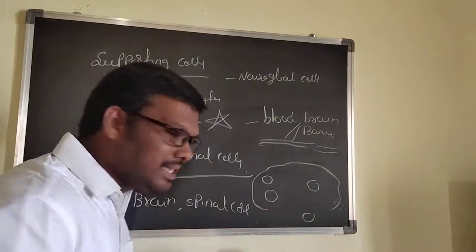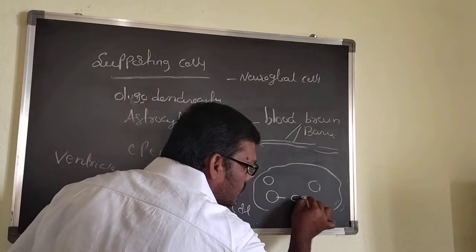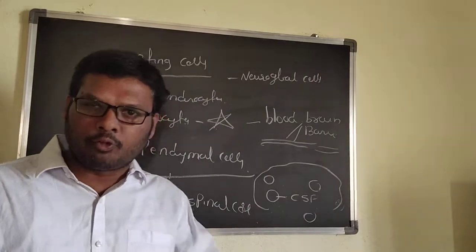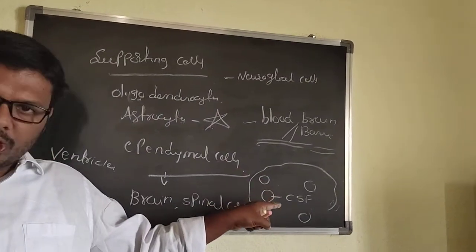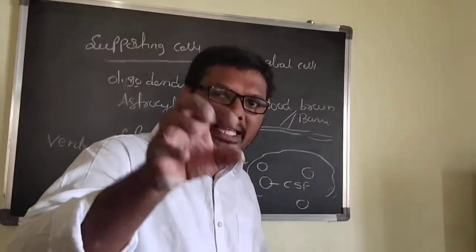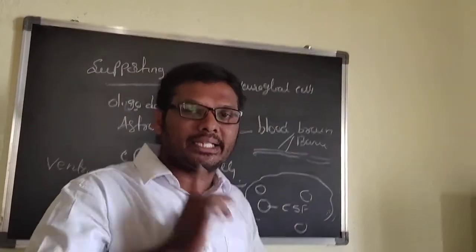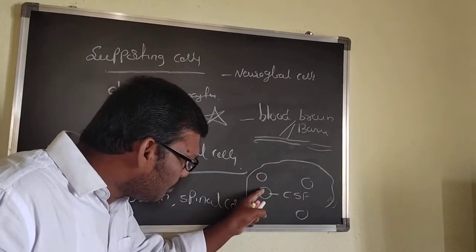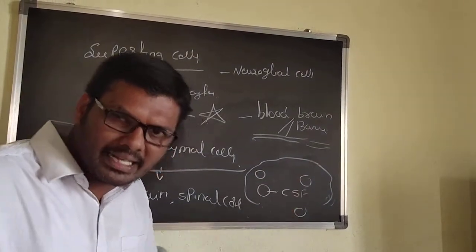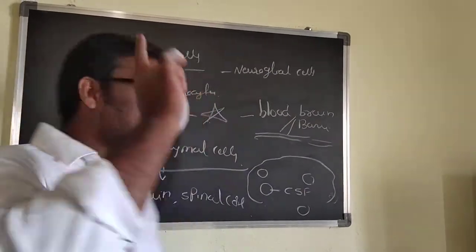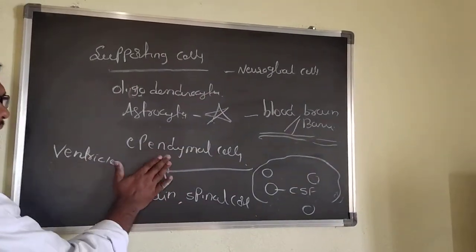In these cavities there is cerebrospinal fluid, CSF. What is the use of the cerebrospinal fluid? This cerebrospinal fluid can protect the brain from mechanical shocks. This cerebrospinal fluid moves from one ventricle to another ventricle. We need ciliated, that is moving, cells. Those ciliated cells are called ependymal cells.